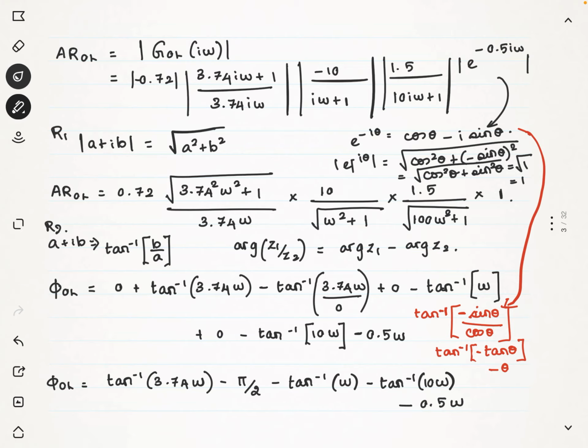So this will be the equation for the phase angle of the open loop transfer function. And now we have been asked to do stability analysis based on frequency response analysis. So we write stability analysis.